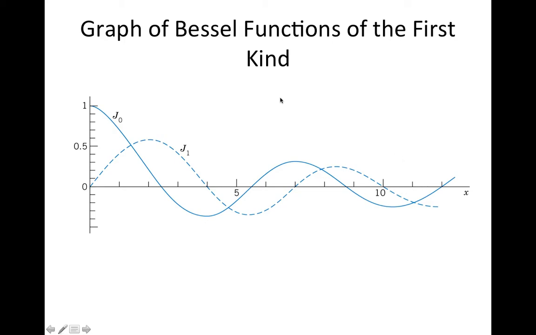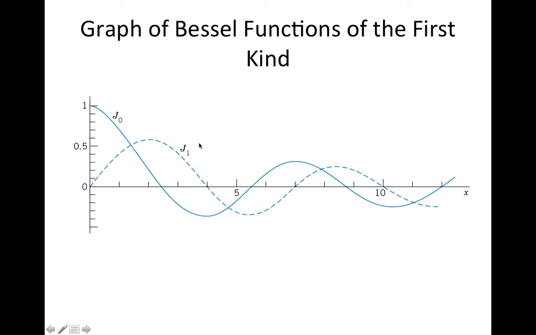One of the things that's different in the Bessel function and the Legendre function is, notice, it could be 0 at 0. In fact, all of the higher order Bessel terms are 0 at 0.